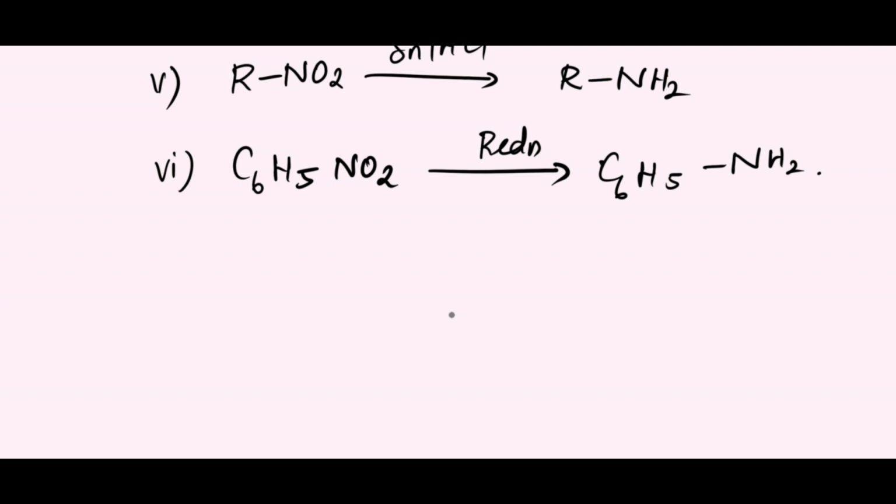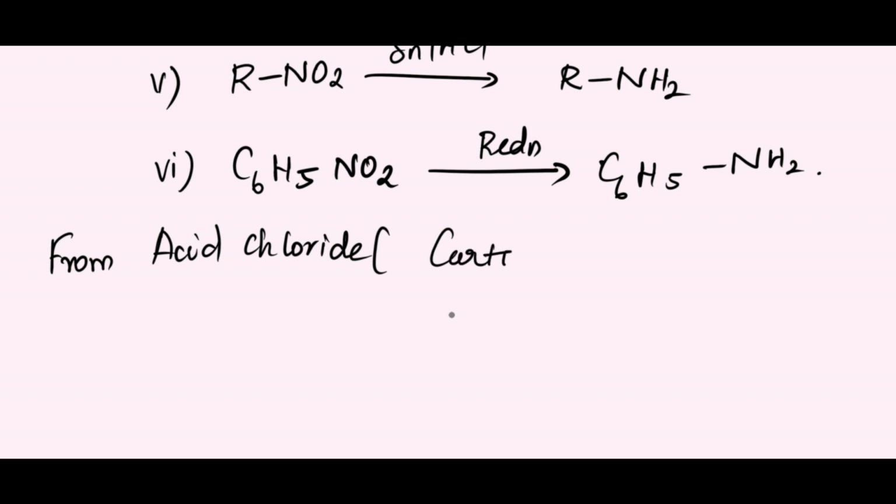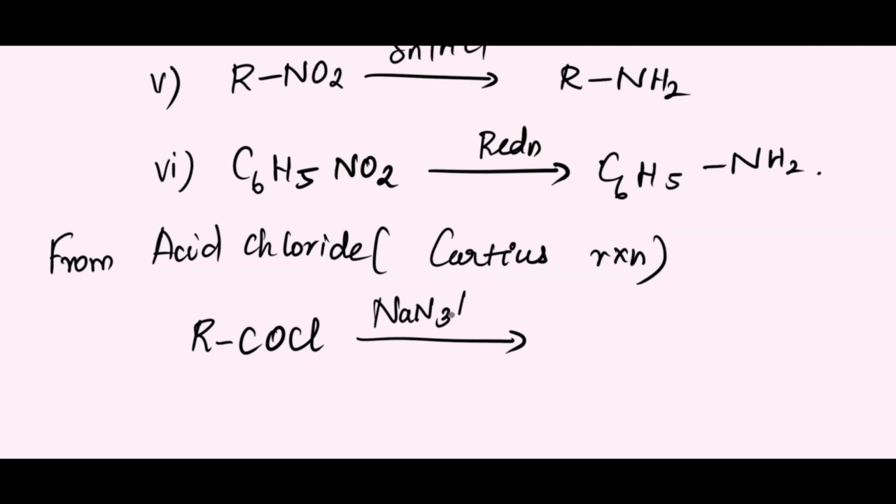From acid chloride, RCOCl, the reaction is called Curtius reaction. RCOCl with sodium azide NaN3 and OH minus basic medium is giving us RNH2.